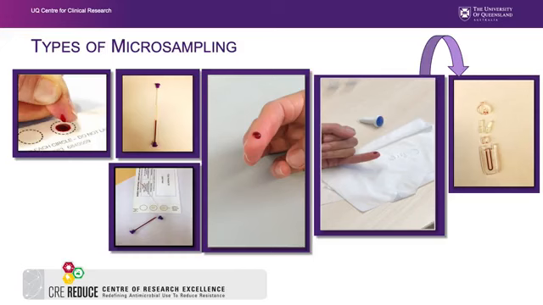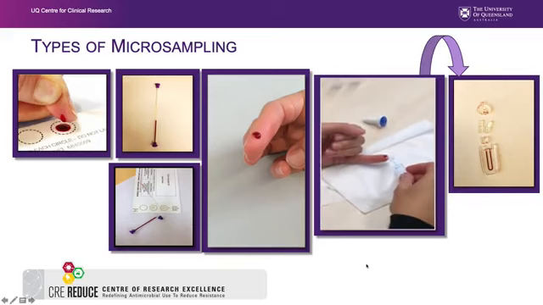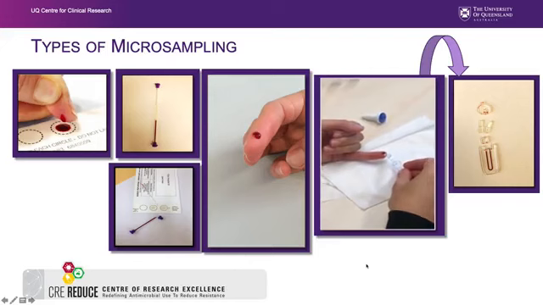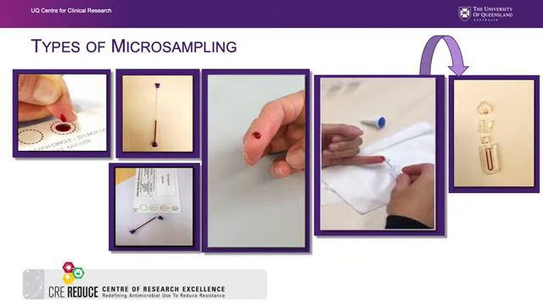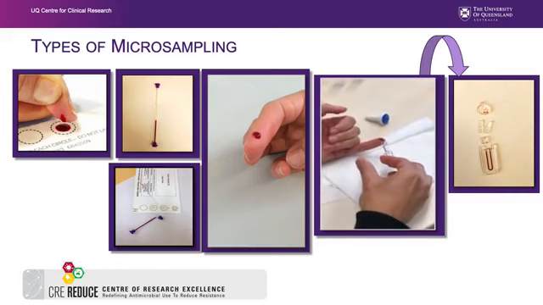The other device I thought you might like to have a little look at, and I've got another video, is this device here. It's called a microsampling wing. And so what happens is we collect, again from a finger prick, and you'll see I'm self-sampling here, we collect 23 microlitres of blood into the device. The device is then centrifuged and the red blood cells fall to the base of the device.